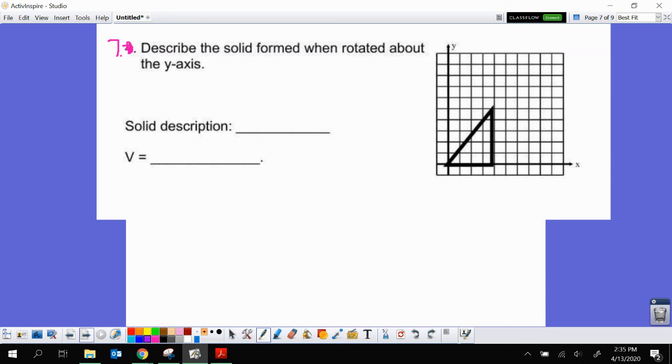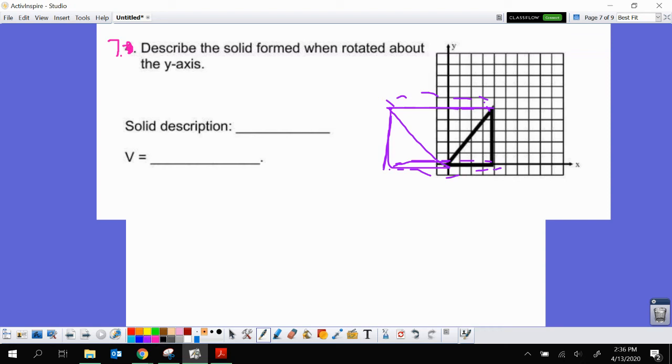All right, again, I'm just going to talk through this one because earlier on number 4B, I talked you through one like this. Describe the solid form when rotated about the y-axis. So here, if I rotated this across the y-axis, it would look something like this. Along this bottom, I have this circle that's going to be created. And if this was continued up top, that would also be a circle.